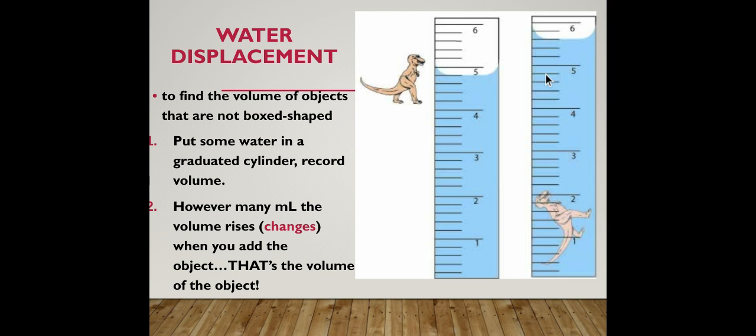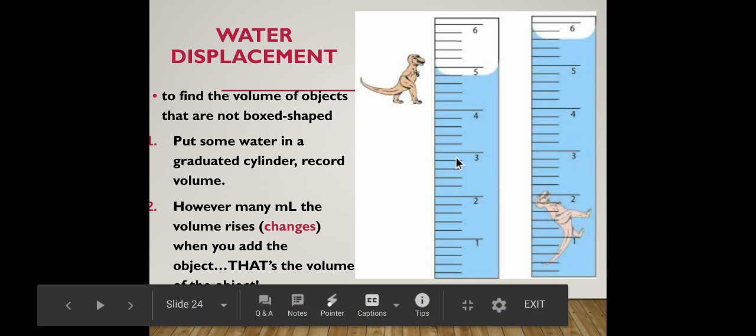That means that our T-Rex has a volume of 0.4 milliliters. That change is what we measured. If you are someone who likes to do math instead of actually counting the change, you could do something like our 5.3 minus our 4.9, and then you would get your subtraction and get your volume.